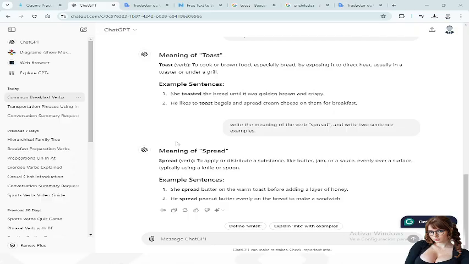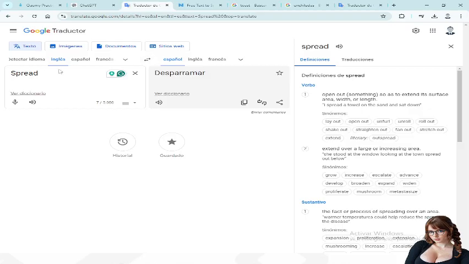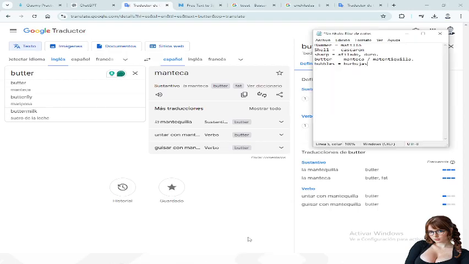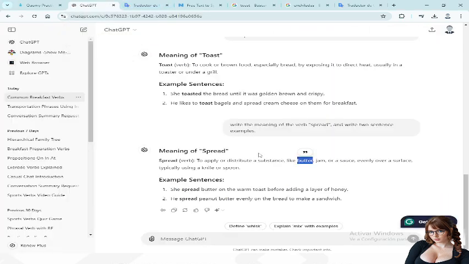If you don't know the meaning of butter, we have our list of words, an extra vocabulary, like butter, jam, or sauce.